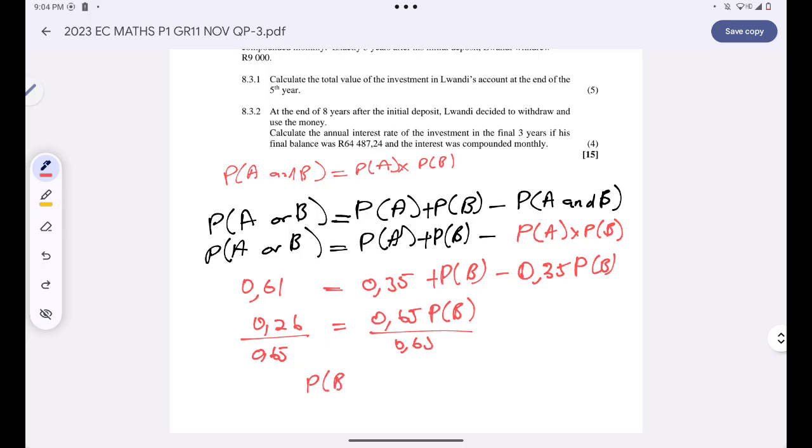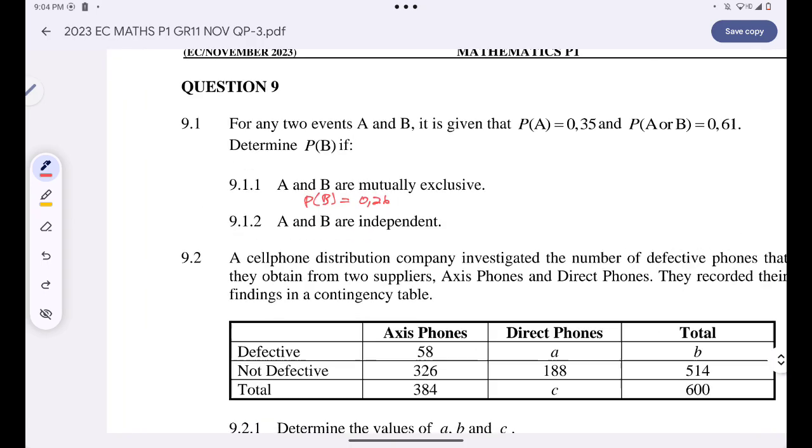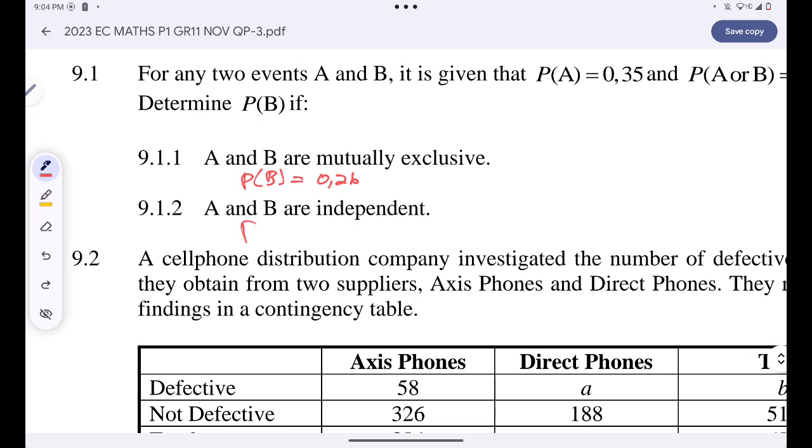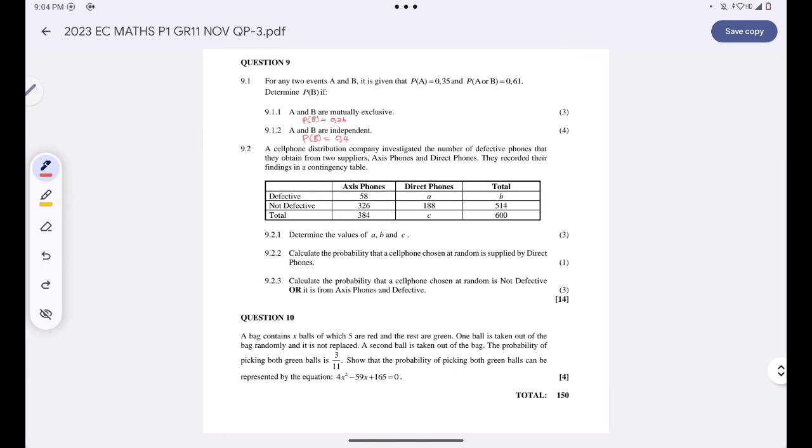I'll find the probability of B to be equal to 0.26 divided by 0.65, which is equal to 0.4. So if the events A and B are independent of one another, the probability of B will be 0.4.